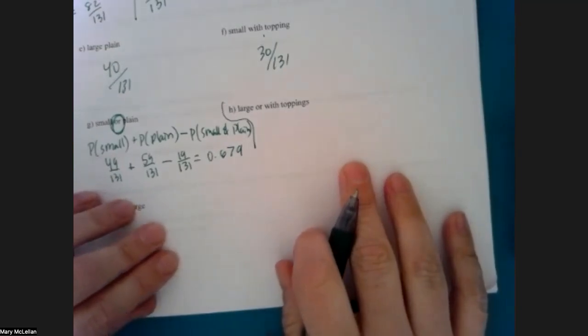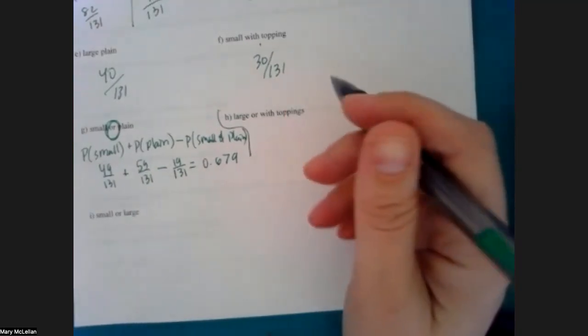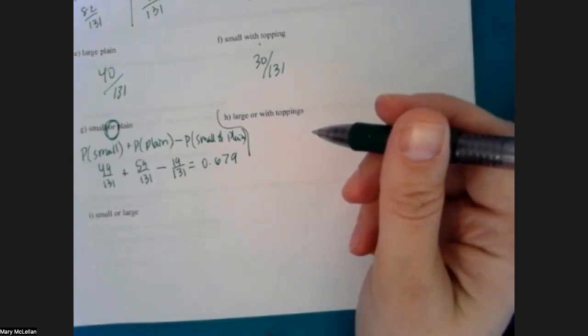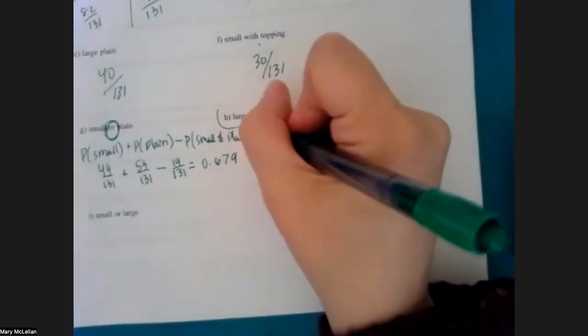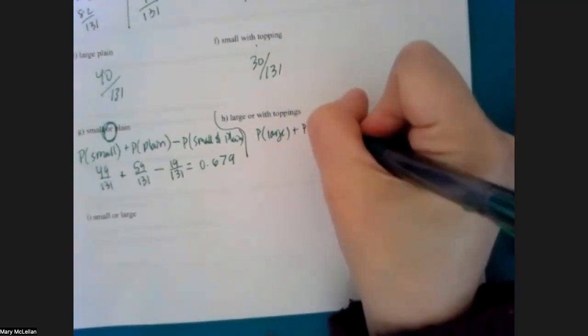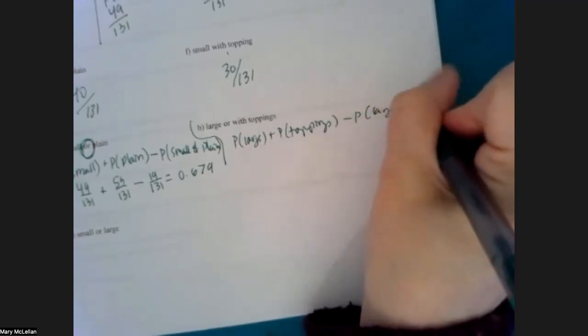Large or with toppings. So you're going to need your general addition rule again. So probability of large plus probability of toppings minus probability of large with toppings.